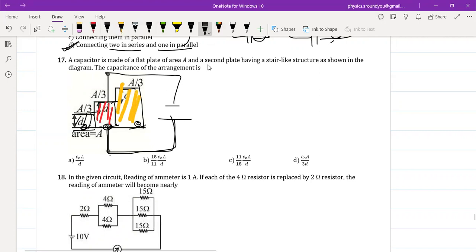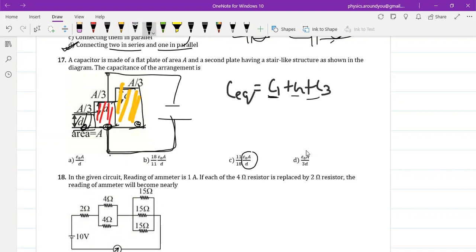So how do I find the equivalent capacitance? Equivalent capacitance is the algebraic addition of the three capacitors. And how do I find individual capacitance? Look at the options. Everywhere there's epsilon naught A by D. So assume epsilon naught, A and D as 1 unit, right? And remember the medium between the plates is just air; they could have made it more complicated by putting in dielectrics but they haven't. So it's a plain addition.